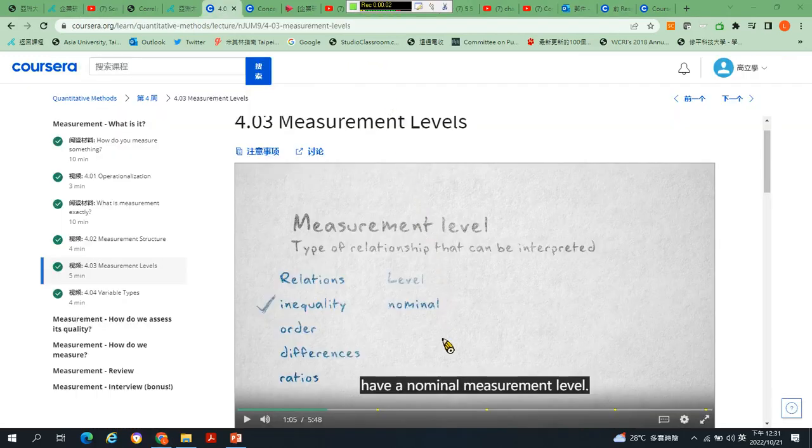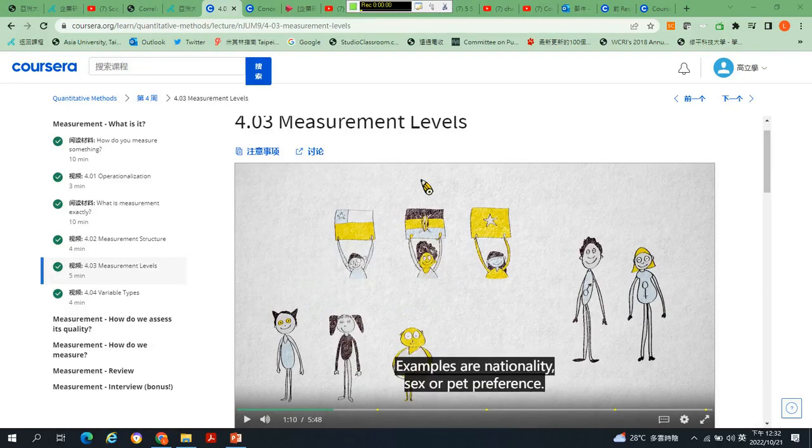Okay, and then the first type of measurement level is nominal. In other words, nominal is category. Examples are nationality or sex.